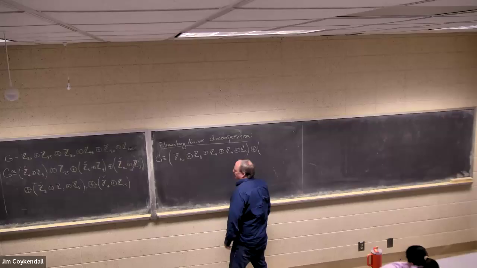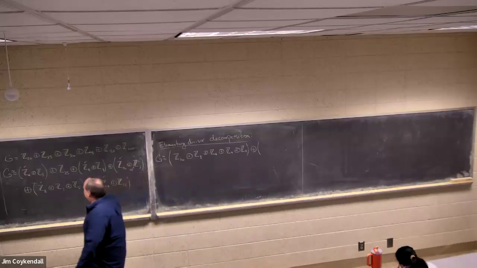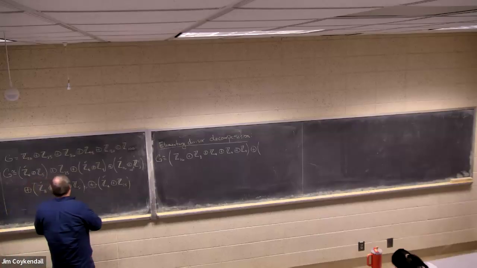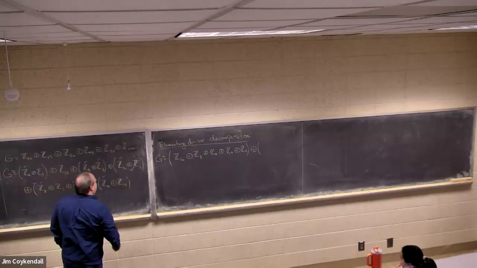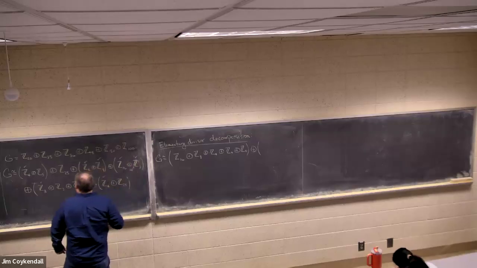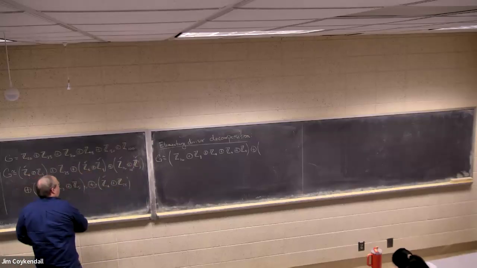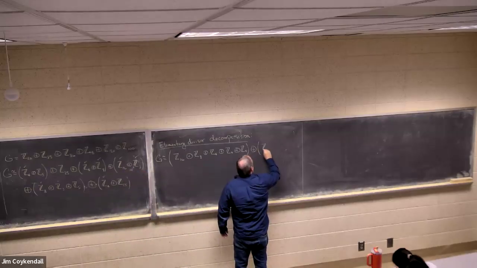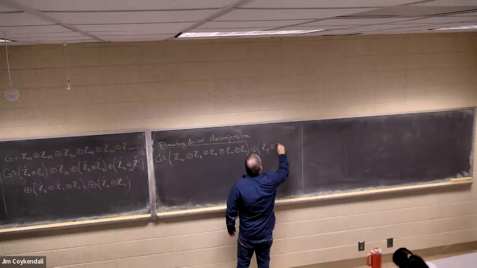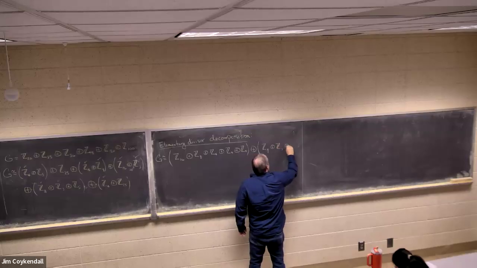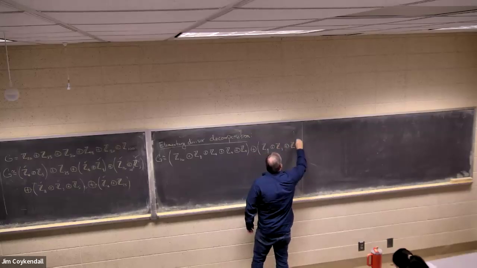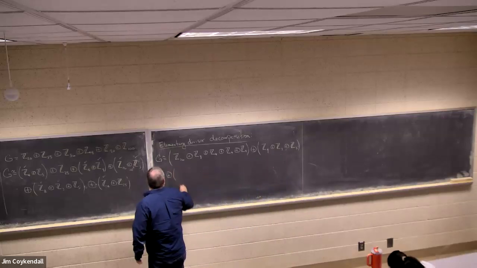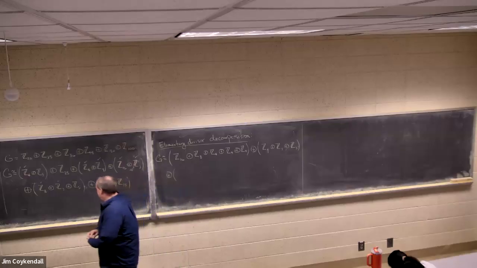Let's go to 3 next. See what I've got. I've got a Z9, a Z3, and a Z3. So I've got a 9 and two 3s. So it looks like that's it. Okay, let's look for 5.